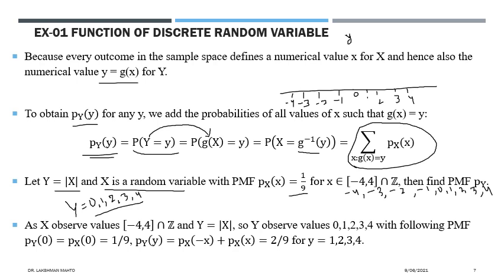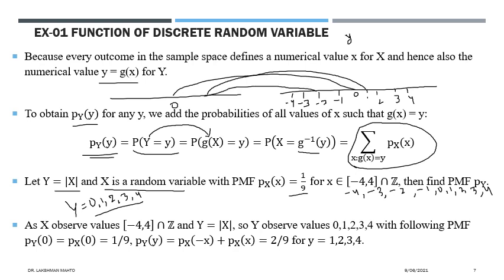And under this map mod x, 0 has been mapped to 0, 1 and -1 both have been mapped to 1, 2 and -2 both have been mapped to 2, 3 and -3 have been mapped to 3, and 4 and -4 both have been mapped to 4.